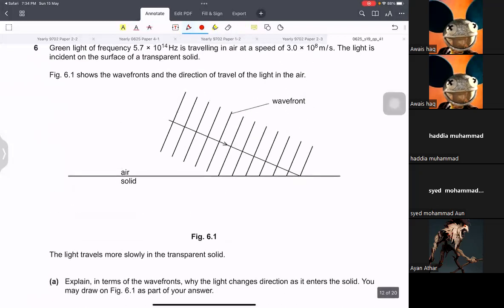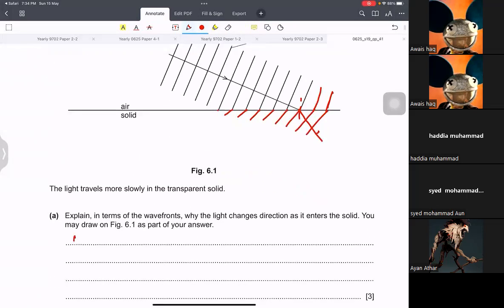If this section, the wavefront is this long, if only this section hits, it would be here, then here, then here, because it is going to change directions. Like this, this, this, and so on. So it means that only a part of the wavefronts hit the surface.